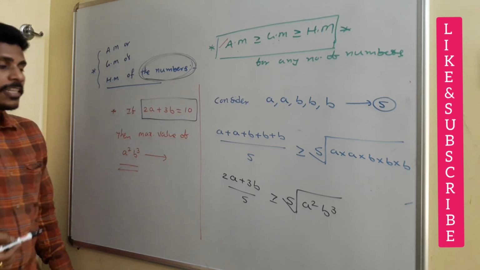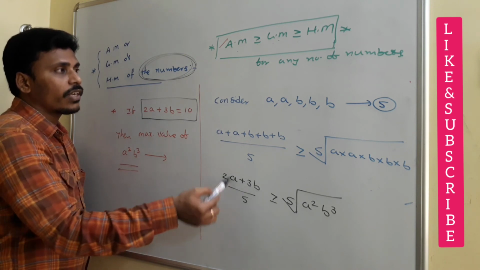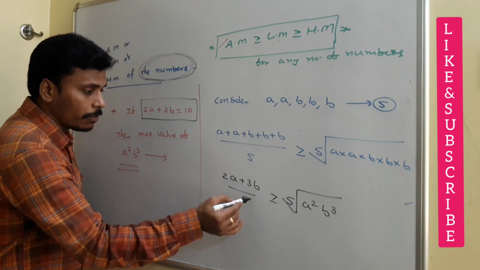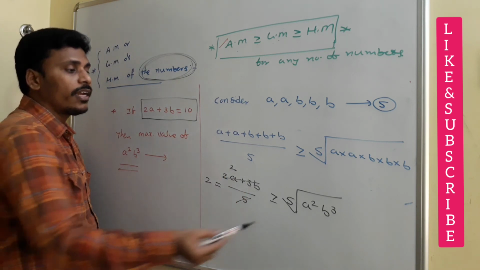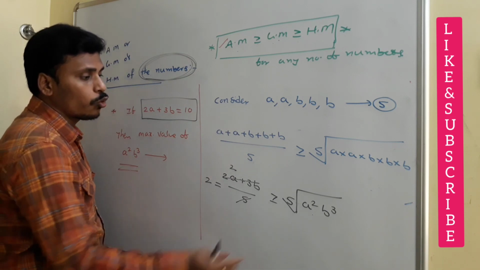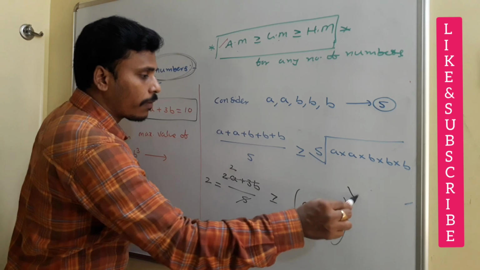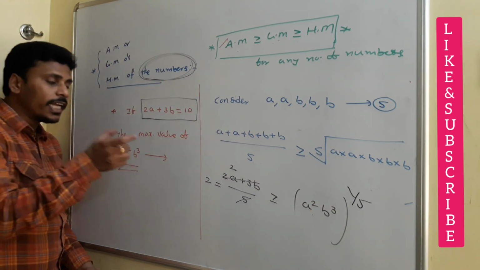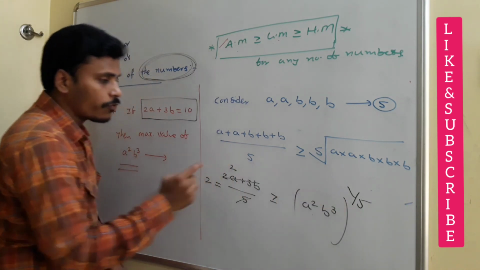Now, what is 2a plus 3b? As mentioned in the question, it is 10. So we can replace 2a plus 3b with 10. 10 divided by 5 gives 2. And now we need a square b cube. The fifth root of a square b cube is to the power 1 by 5. But we need to look at a square b cube, so remove this 1 by 5 and send the 5 to this side.